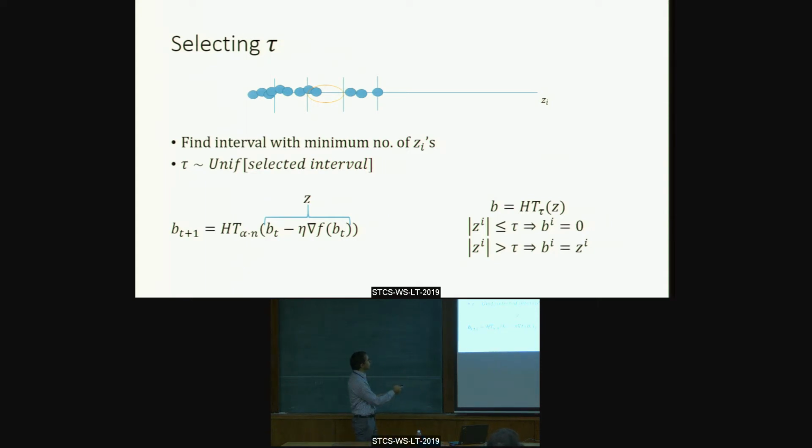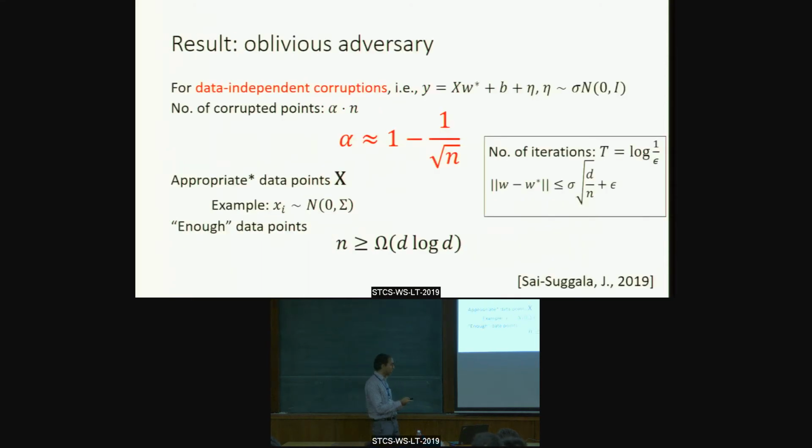So the intuition is that a sub interval which has the smallest number of zi's will not affect our next iterate too much. And on top of that, we are introducing this extra randomness, which will help more. So it's a little bit more involved, but the bottom line is, by doing this, now we can allow the fraction of corruptions to go to 1 if n goes to infinity.